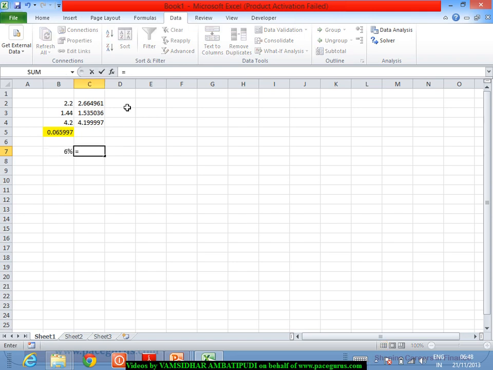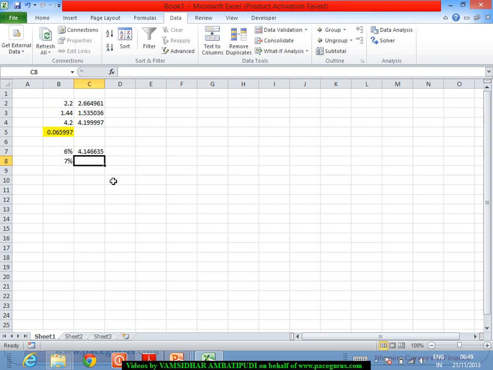If it is 6%, then it would be 2.2 into (1 plus 6%) whole cube plus 1.44 into (1 plus 6%), resulting in 4.14, which is less than 4.2.